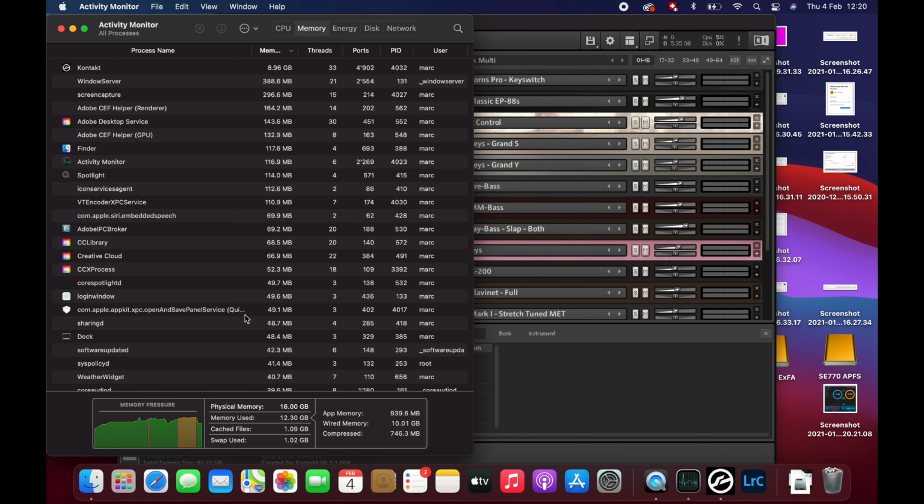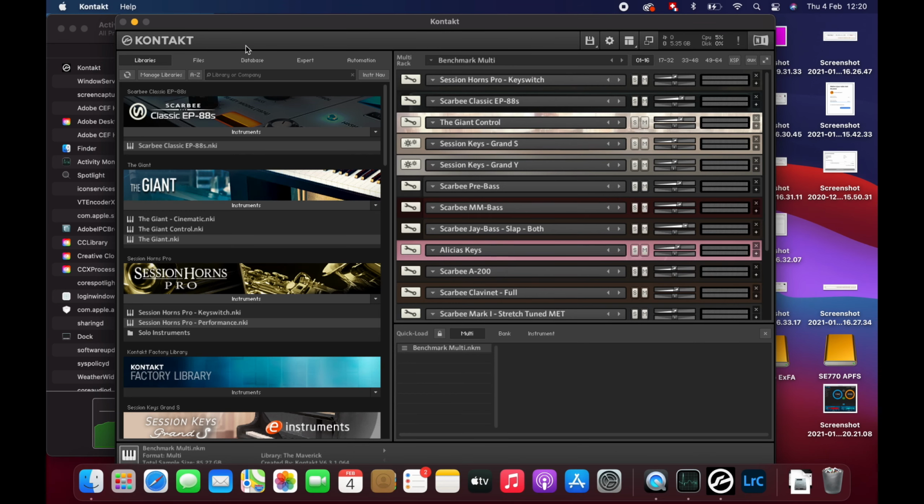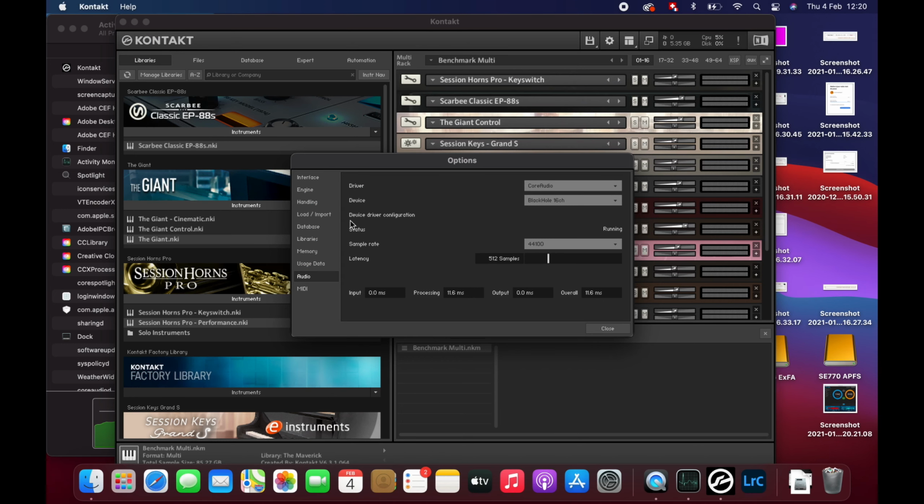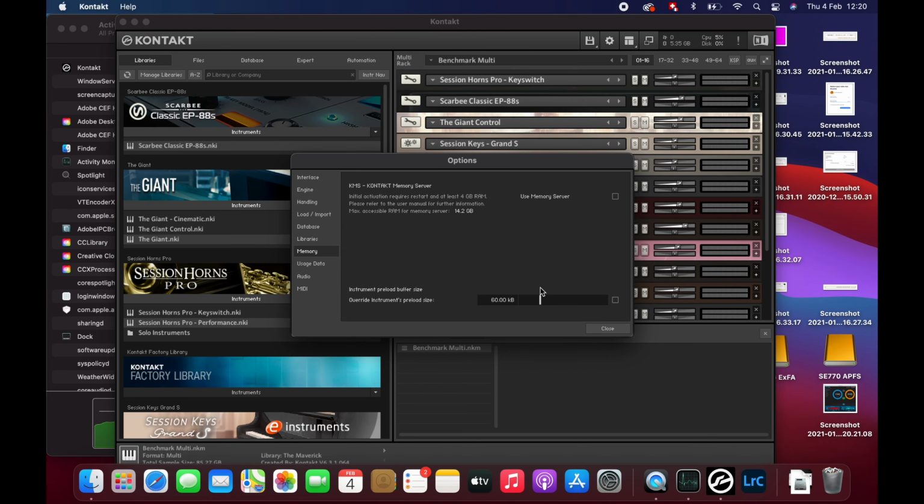So, you know, having intensive libraries which use memory as much as they can, you can still change the setup for the memory here and take it a little bit down. But I mean, 60 megabytes is not really a lot, right? So I don't know if this can help.